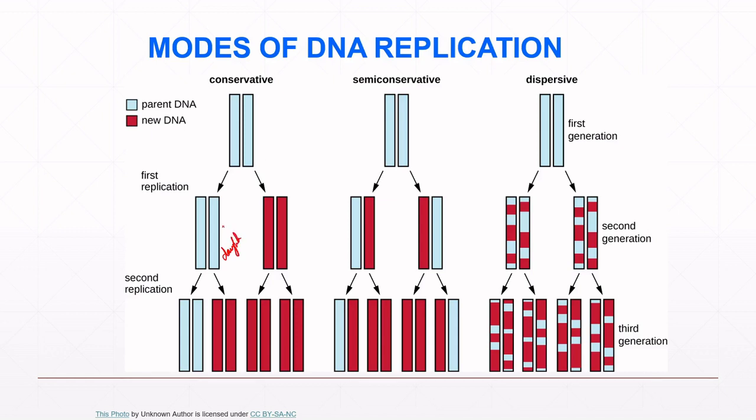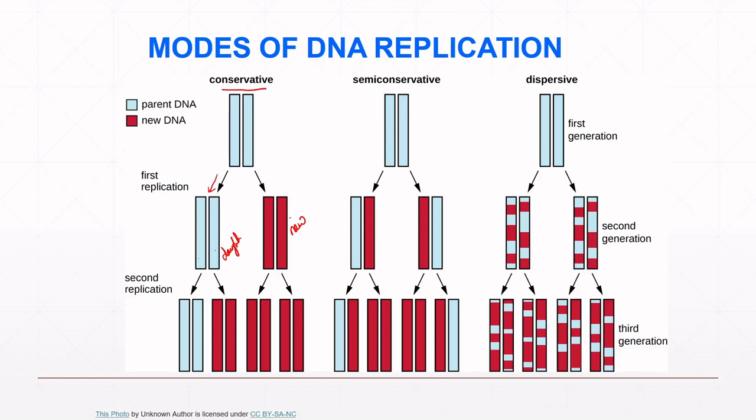So one daughter DNA has both strands from the parent DNA and the other daughter DNA has both new strands. Since the parent DNA is completely conserved in one daughter DNA, it is called conservative mode.